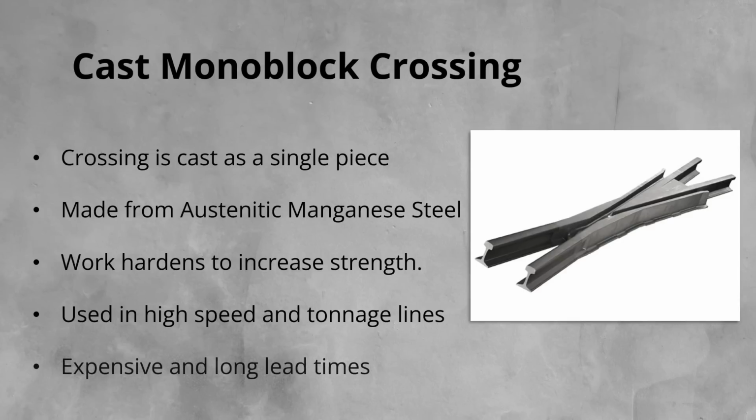Monoblock crossings are also expensive, given the manufacturing processes involved as well as having long lead times. This means that any issues with them, such as cracks or defects, that cannot be weld repaired can be awkward for the maintainers. This often leads to spare crossings being ordered and stored for critical junctions.